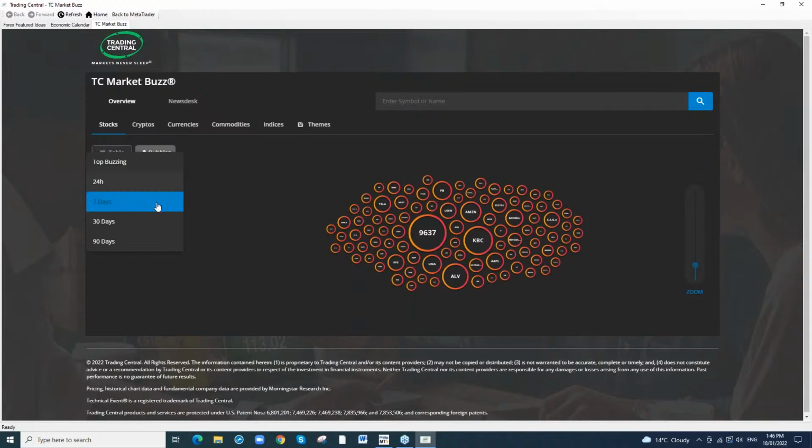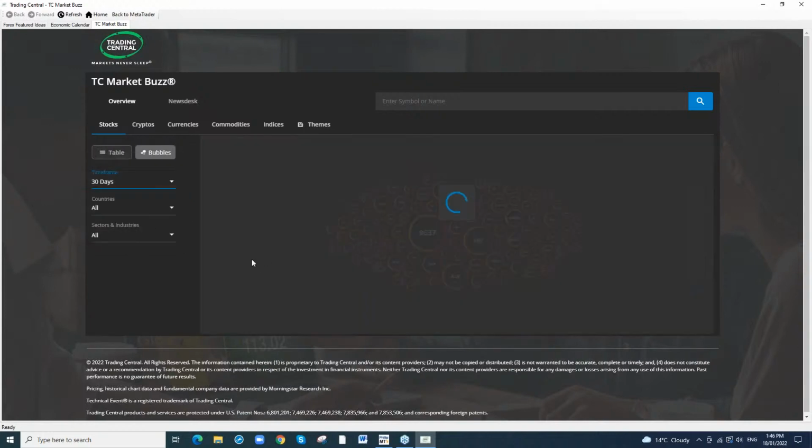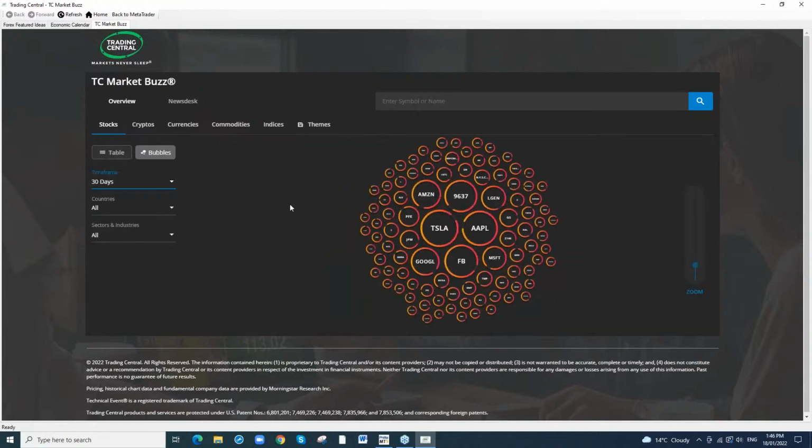But if you want to see, for example, what was buzzing mostly in the past 30 days, you get, of course, a different perspective. And here we go, the bigger the bubble, the more news appeared on the specific stock. So you can see that, for example, Tesla had almost 6,000 publications.